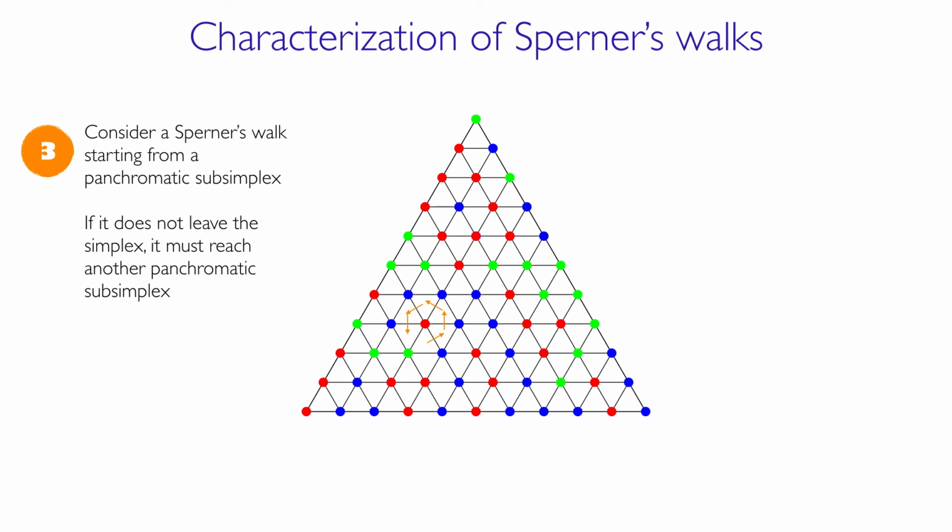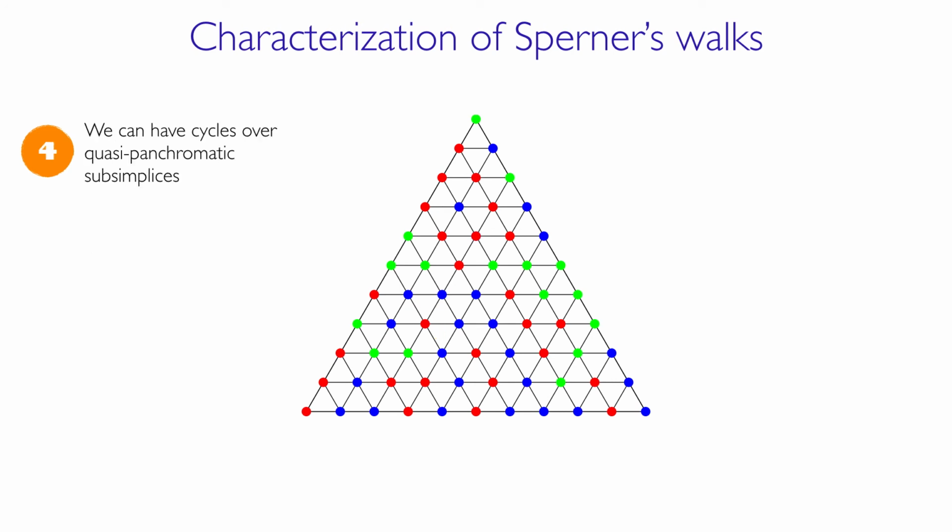It follows from the fact that the panchromatic subsimplex has only one facet with a given set of n labels. As well, we already know that a Sperner walk cannot enter loops. So, since the subsimplices are finite, the walk must terminate, and it can terminate only in another panchromatic subsimplex.